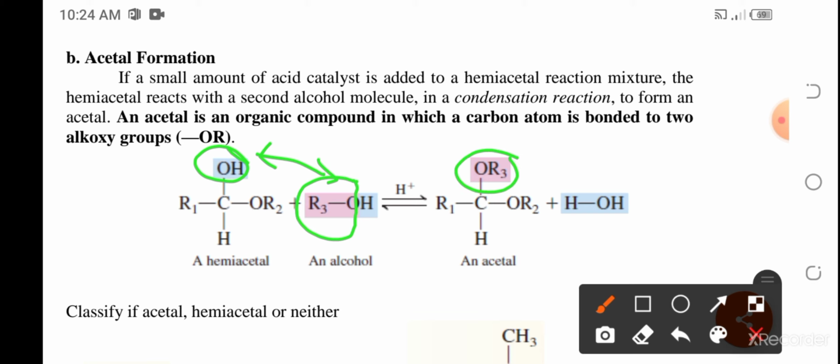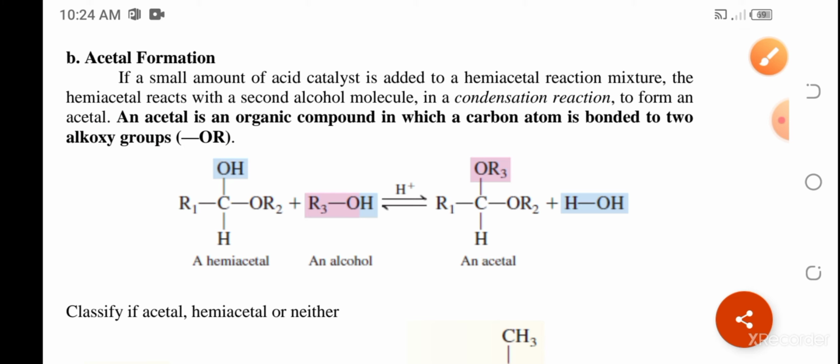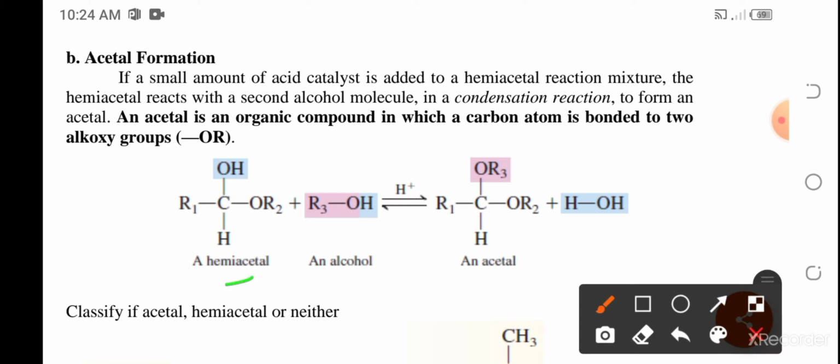Okay, so since the hydroxyl in the hemiacetal has been replaced by another alkoxy, so therefore, all acetal should have at least two alkoxy group bonded to a carbon atom. So, ulitin natin, ang hemiacetal may hydroxyl and one alkoxy bonded to a common carbon atom.